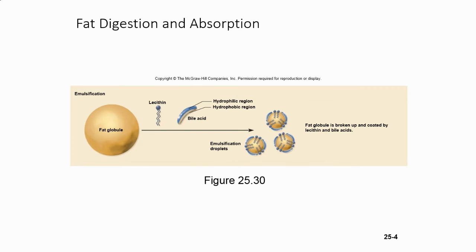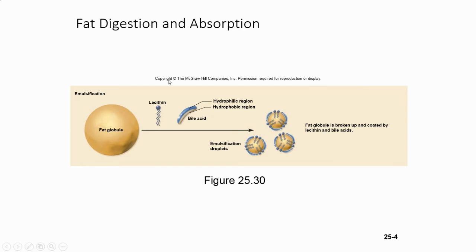So what we see here on the left side is a fat globule, a phospholipid here called lecithin, and the all-important bile acid. If you notice here, the blue region of the bile acid is hydrophilic, which aims outward into the watery solution of our digested food, and then the white inner portion, being fat-soluble or hydrophobic, will easily wrap against these tiny microdroplets.